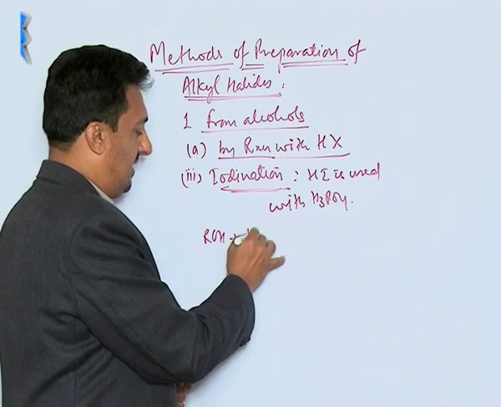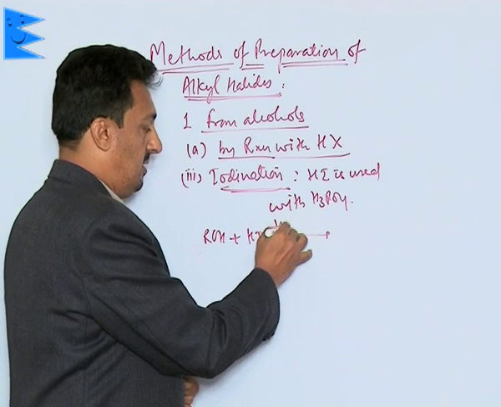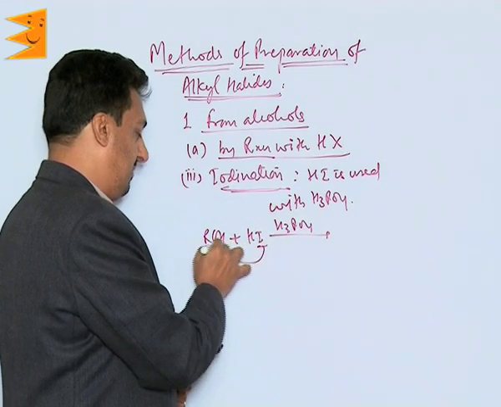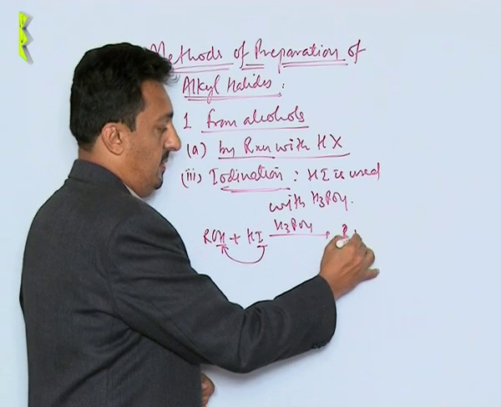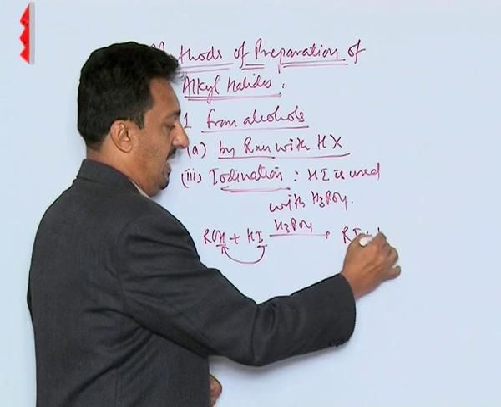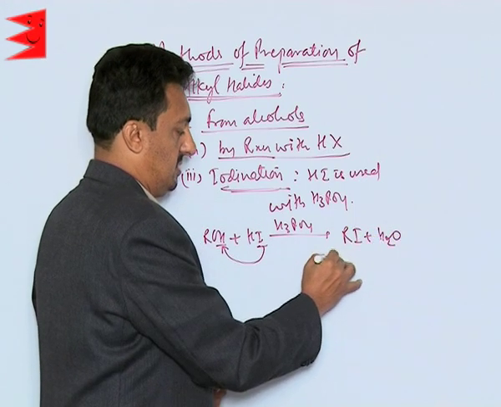When any alcohol is reacted with HI in presence of H3PO4, iodine replaces the OH group, and we get the corresponding alkyl iodide plus water.